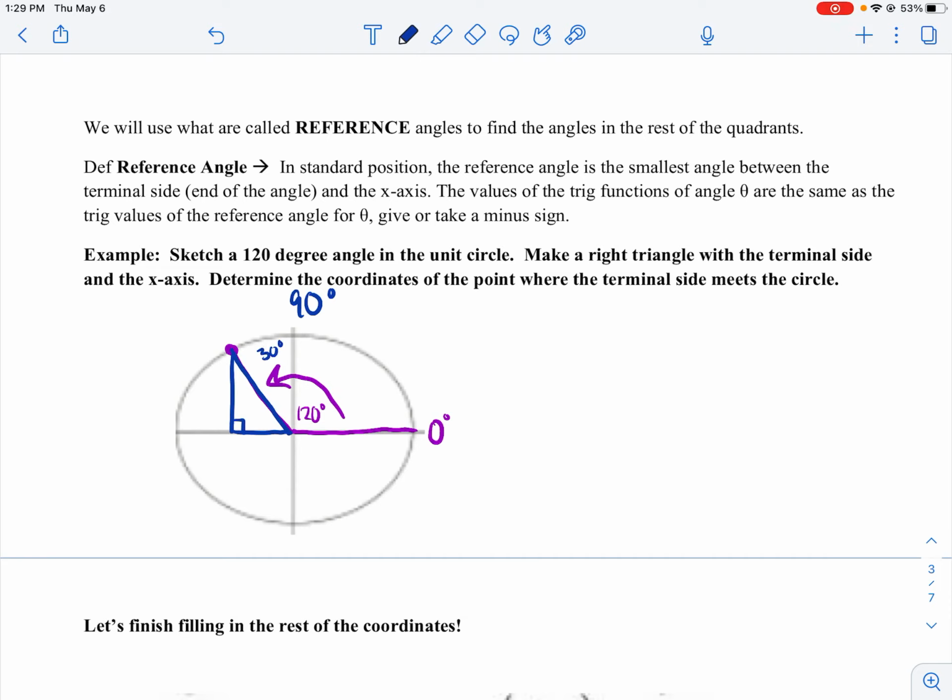Well, this is 30 degrees here, which means this angle is actually 60 degrees, because 30 plus 60 gives us a whole 90. And so our reference angle for 120 degrees is 60 degrees.